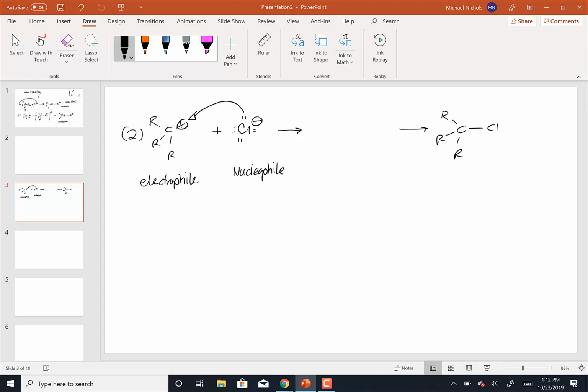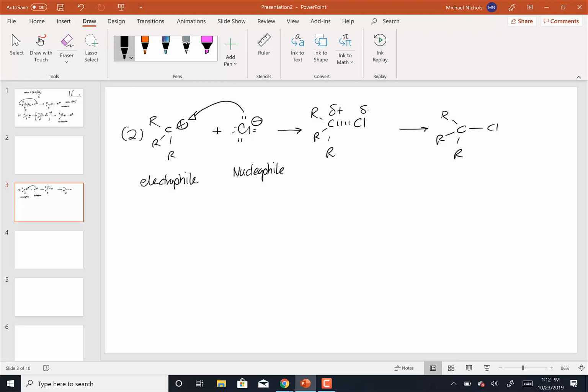What would the transition state for this look like? The transition state would have a partial bond being formed between carbon and chlorine. So that gets the dotted line. The carbon's going from +1 to 0, so it has a delta plus charge. The chlorine is going from -1 to 0.